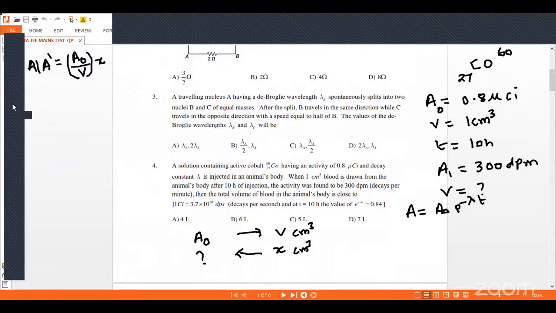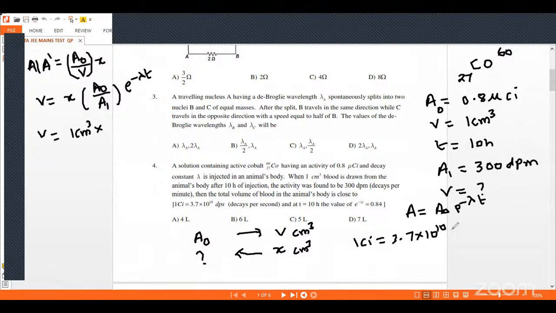So correspondingly, volume equals X times A naught by A1 times e power minus lambda t. The volume they gave is 1 centimeter cube. 1 curie equals 3.7 into 10 power 10 decays per second.